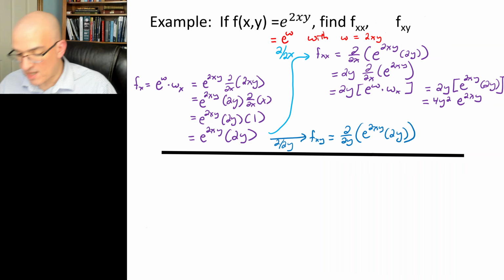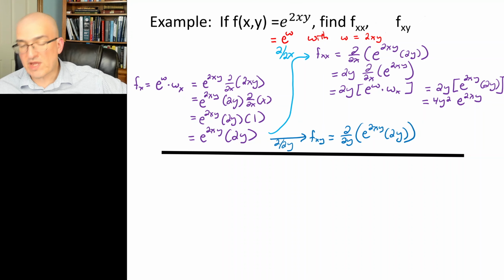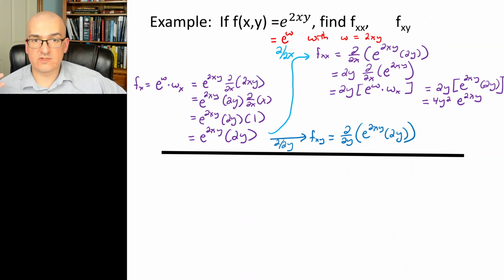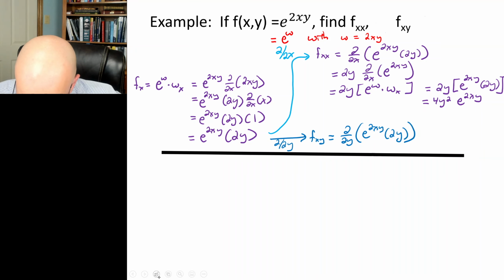Okay, now we're taking the y derivative of that product of terms. We cannot factor the e to the 2xy out front because it is not a constant, it contains a y. We cannot factor the 2y out front. It is not a constant either because it contains a y. This is where we need the product rule. We have an a and we have a b.